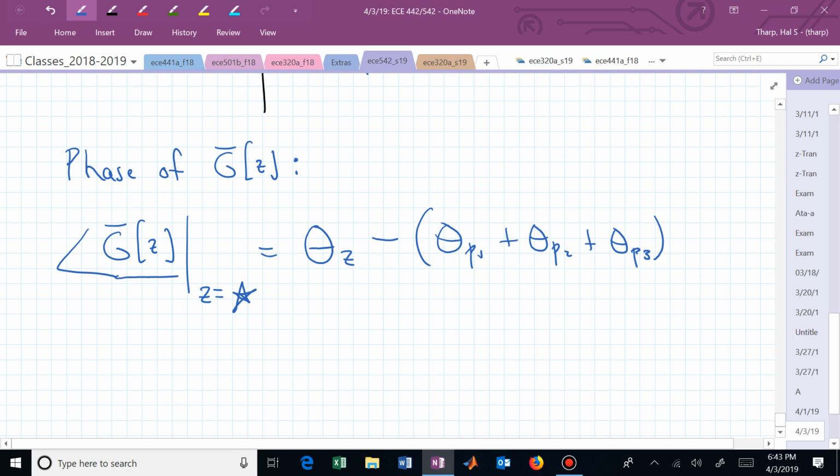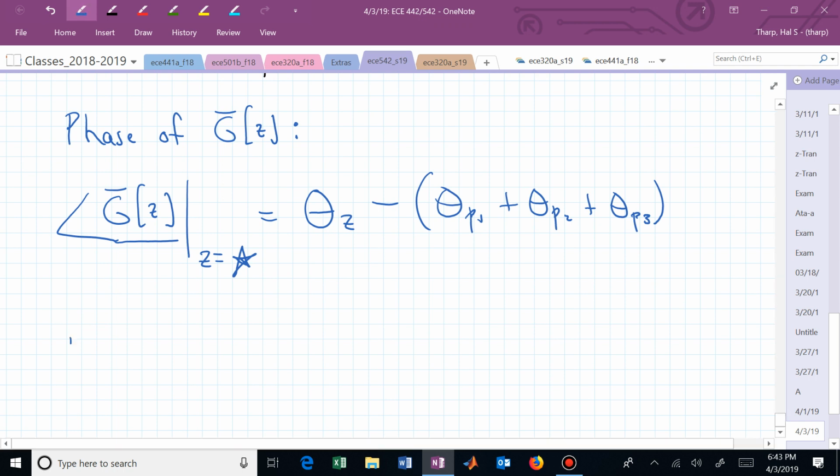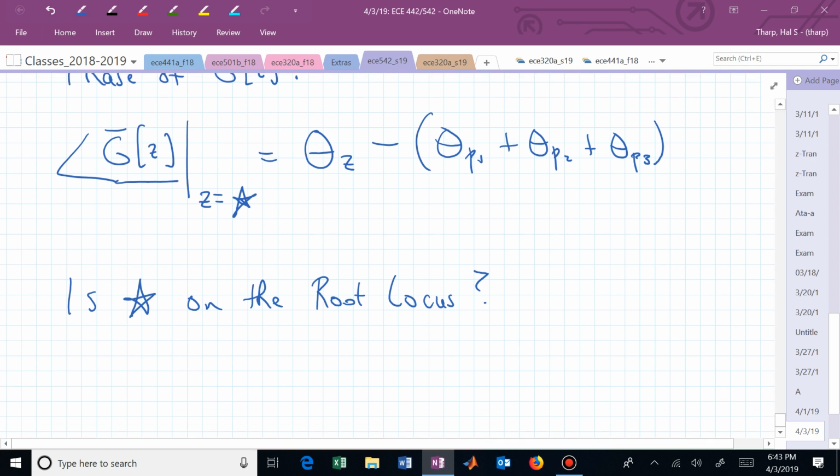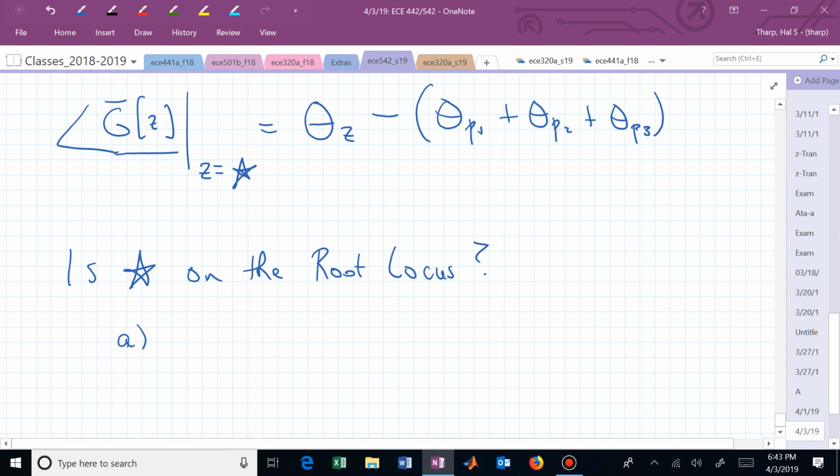You could do that, but now maybe somebody says, well, is that star on the root locus? Suppose somebody's now calculated this algebraic sum of angles. Could you now tell them, is star on the root locus? And how would you determine that?